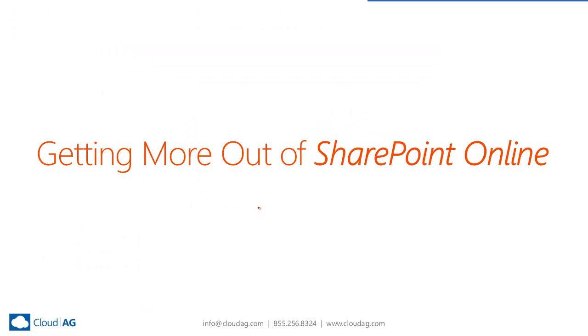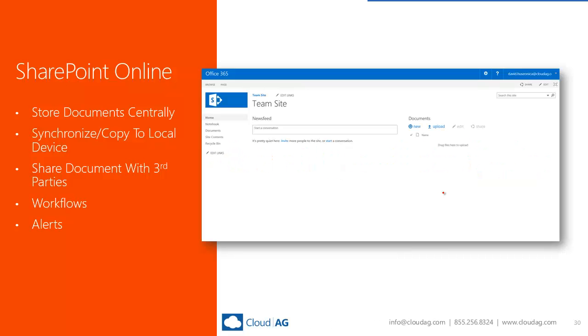Which kind of brings us to the next topic of SharePoint and learning a little bit more about SharePoint Online and how you get more value out of it. If you look at SharePoint out of the box, it has some very fundamental templates, you could call them, as far as layouts.